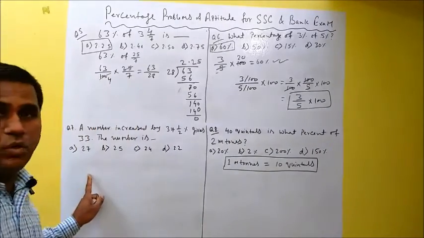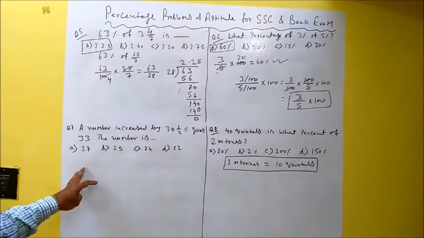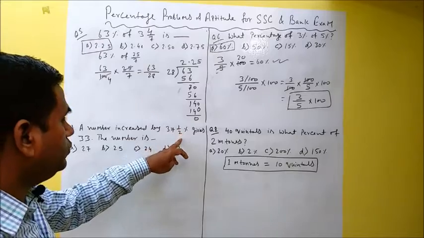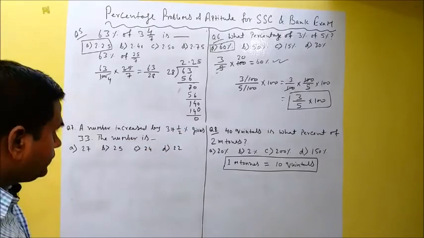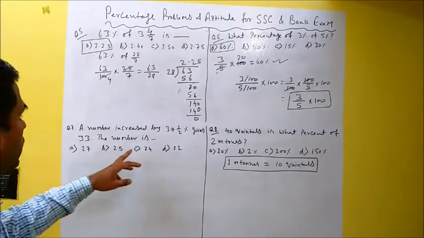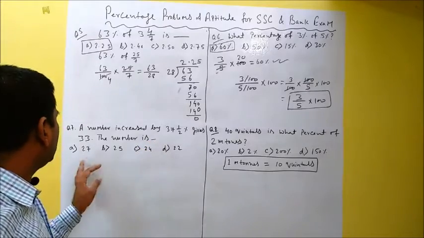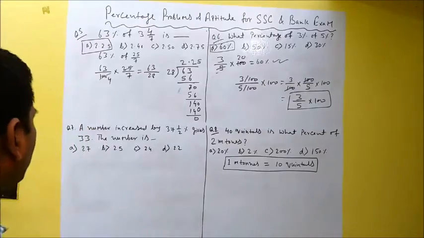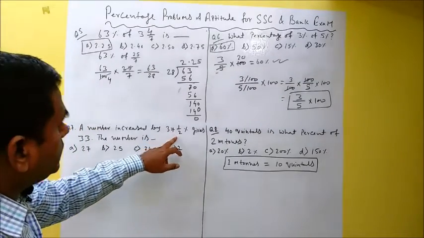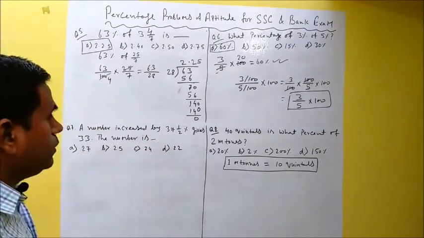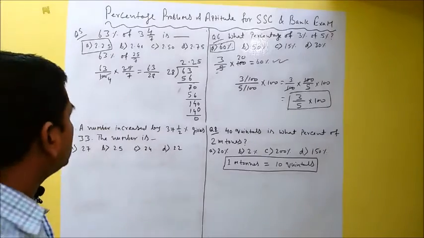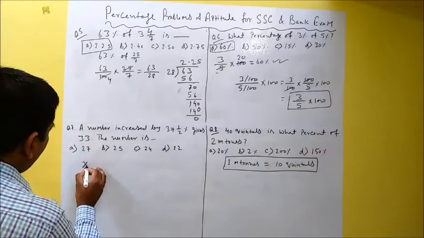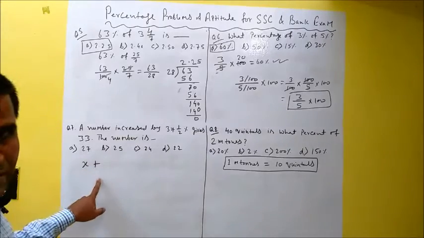Now let us see question number 7. Question number 7 says a number increased by 37 1 by 2% gives 33. The number is 27, 25, 24 or 22, which we don't know. So the number is increased by this percent and gives 33. So let's assume the number is x. So suppose you want to increase x, it means you will add to x, no?